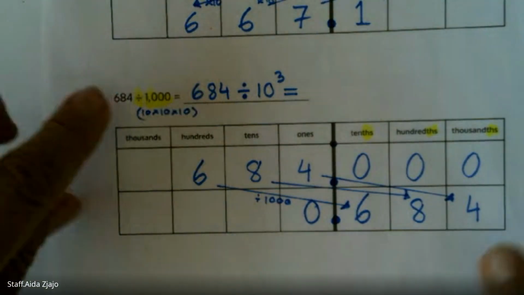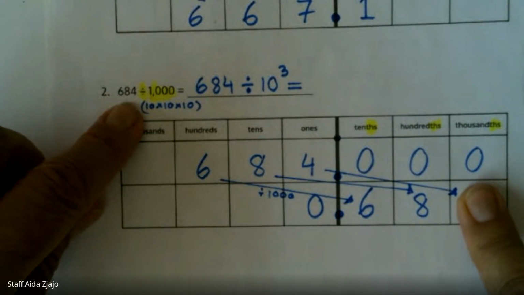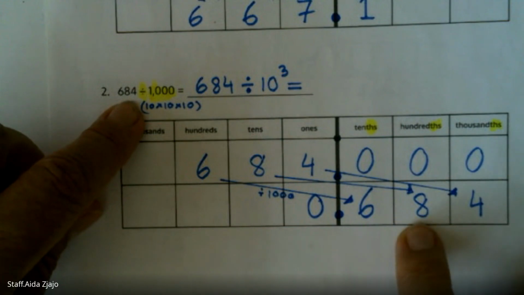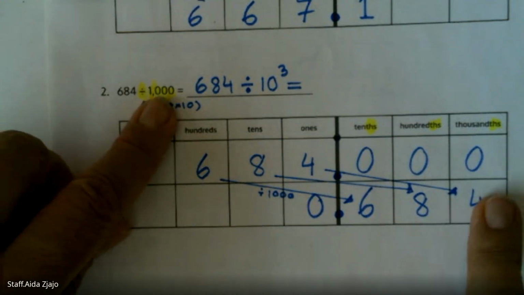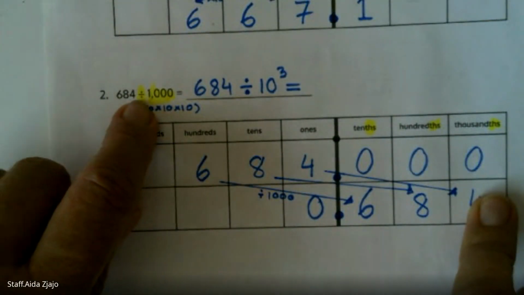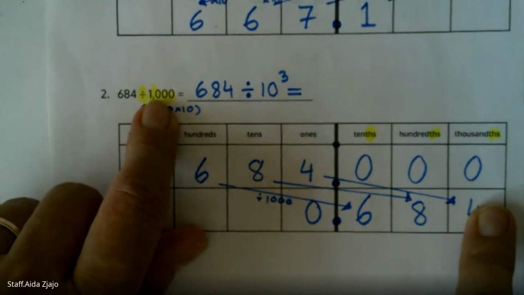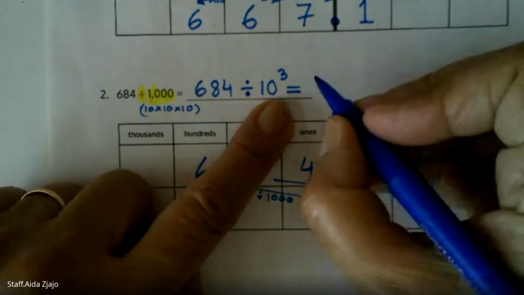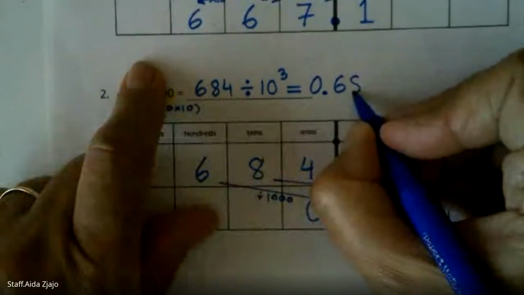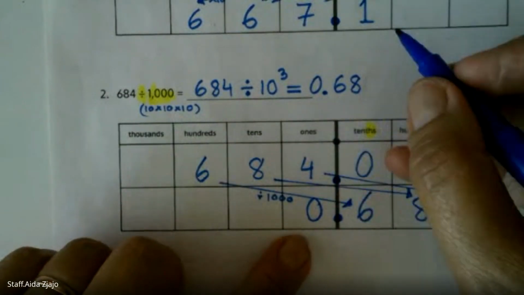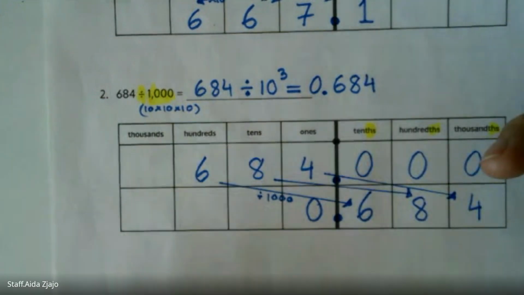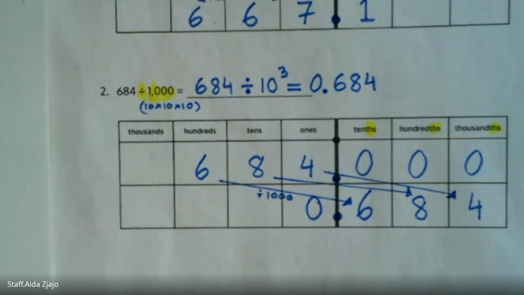If I think of this as money, I can round this to 68 hundredths, which is 68 cents. So if you have $684 and you share with 1,000 friends, each friend will get about 68 cents. This is 68 hundredths, but we actually have 684 thousandths.